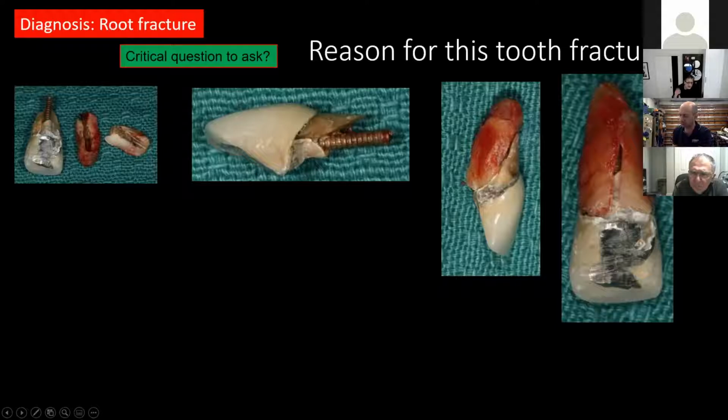Because the same forces that created a fracture on this tooth would be acting on the implant. Would you agree on that, Sam? Yes. So we have a problem where the loss of this tooth was occlusally related, because the patient was bruxing on this tooth. Somehow it could have been prevented.